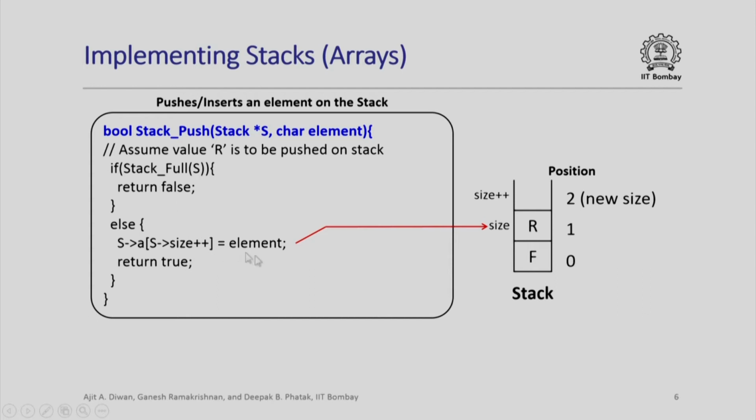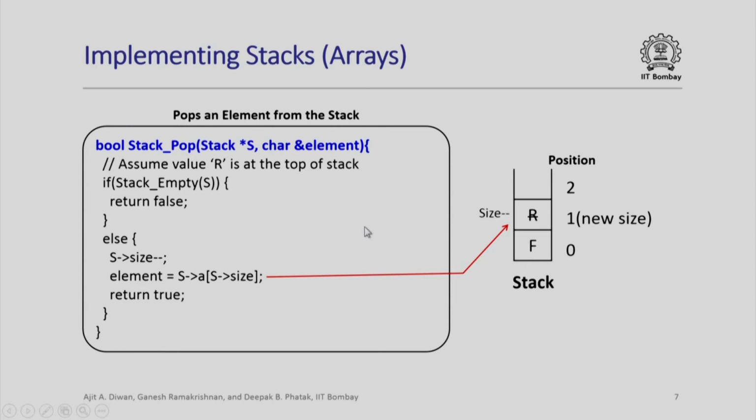Otherwise, we push the element onto the stack at s size, and then we say size plus plus, so that size is incremented for subsequent usage. So notice that size was 1 originally, that is where the value r will be inserted, and size will be changed by size plus plus, making a new size 2.